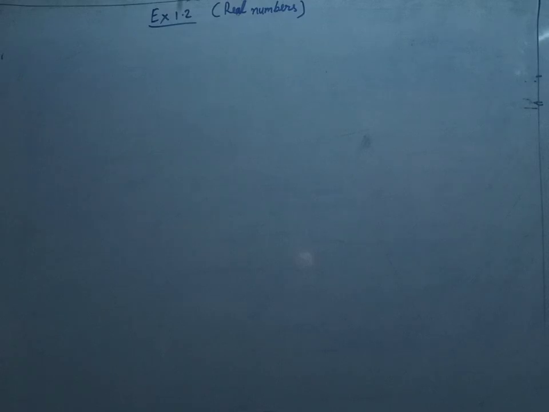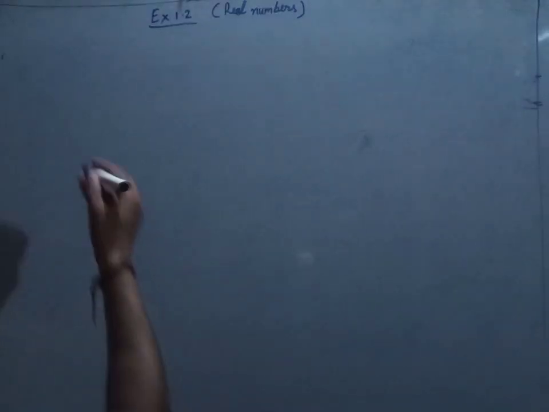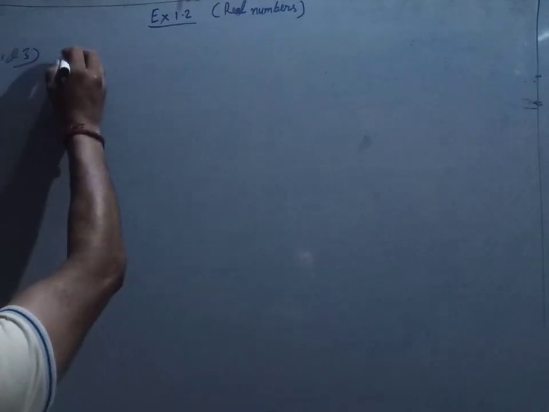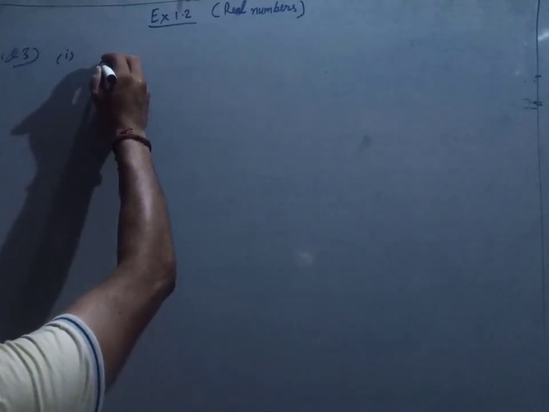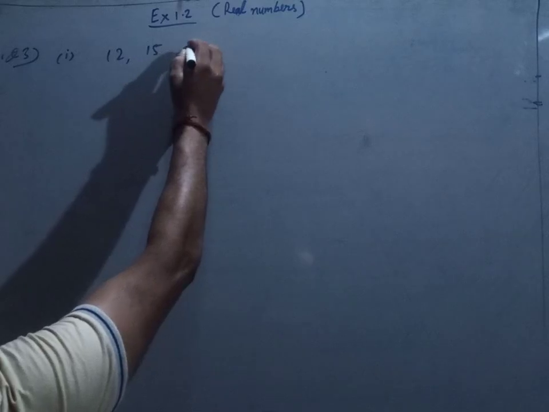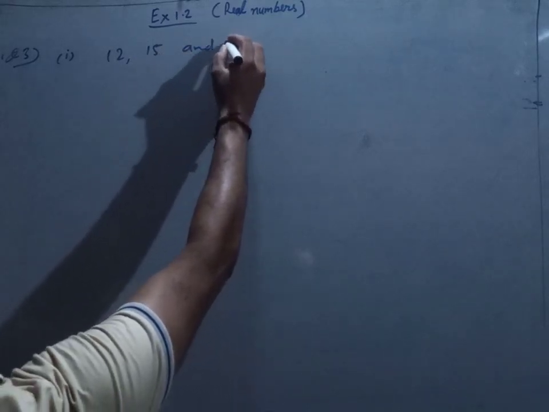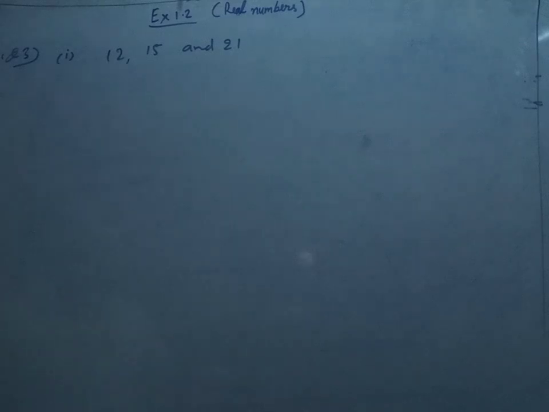Question number 3, first part. The given numbers are 12, 15 and 21, and we have to find LCM and HCF.